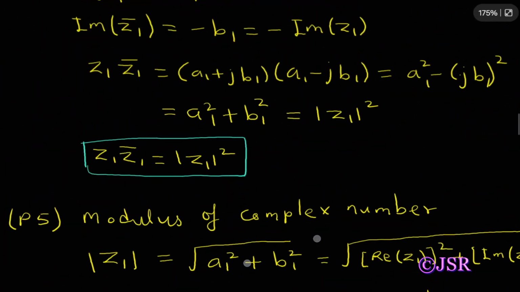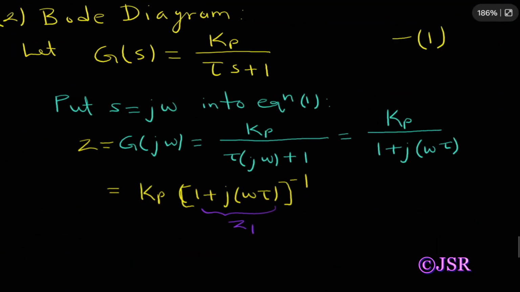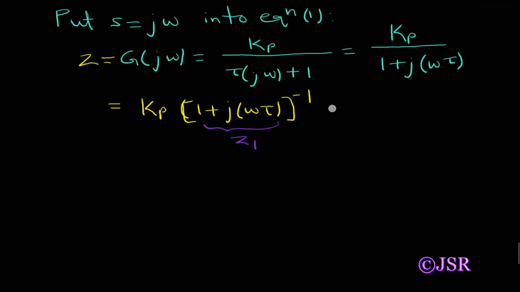So using that property, we will have Kp times z1 bar upon z1 mod square, and the mod of z1 will be the real part of z1 square plus the imaginary part of z1 square.